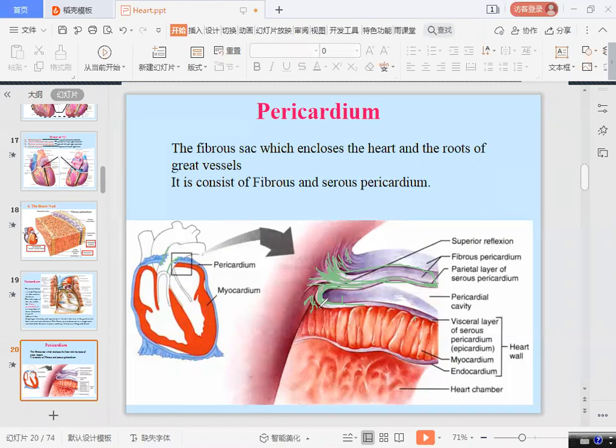And these pericardial sinuses are an important region during heart transplantation. This sinus is present next to the pulmonary trunk. If you want to cut down the pulmonary trunk, we have to cut down and ligate the vessels.